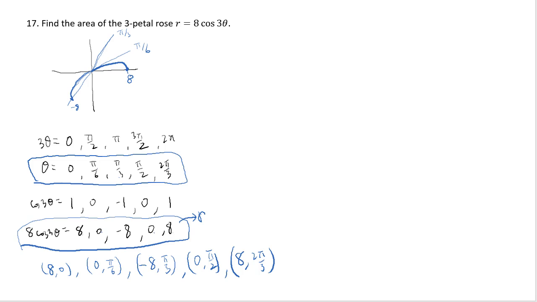And then if you go to 0, pi over 2, pi over 2 is here, and you're hitting the 0 at this angle, so you have to come back and hit the 0 here. And then 2 pi over 3 is this one. That's 2 pi over 3.